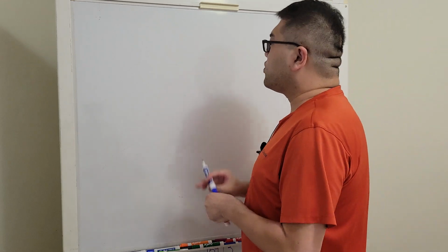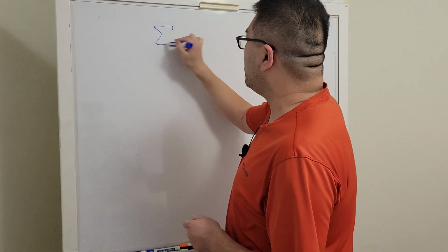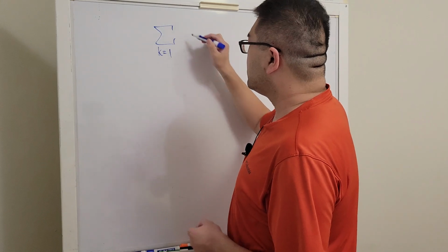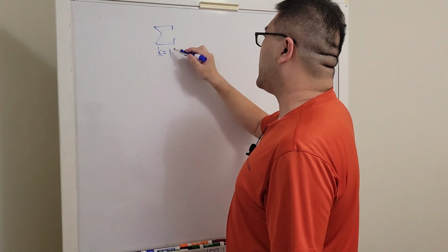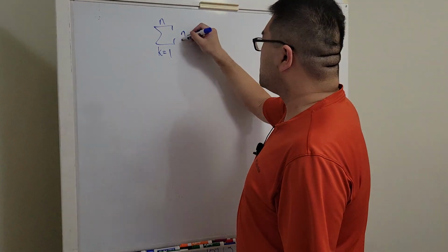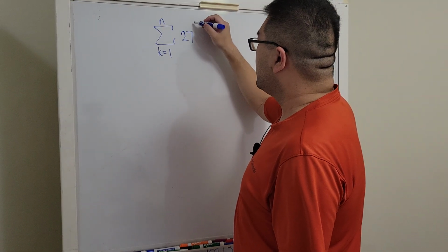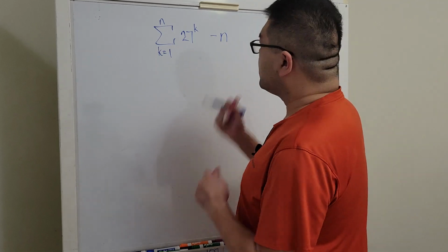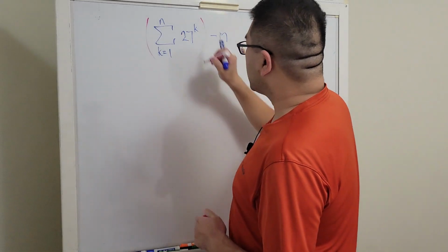So in the last board, we said that we want to show the expression, the summation from k equals 1 all the way up to n of 27 to the k power minus n here. And to clarify, it will be like this.